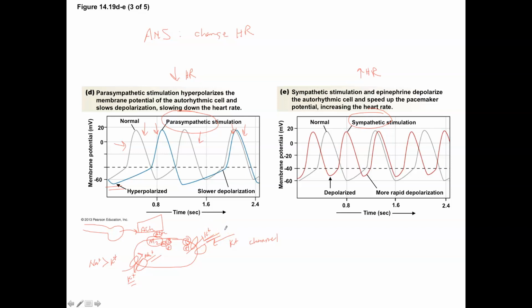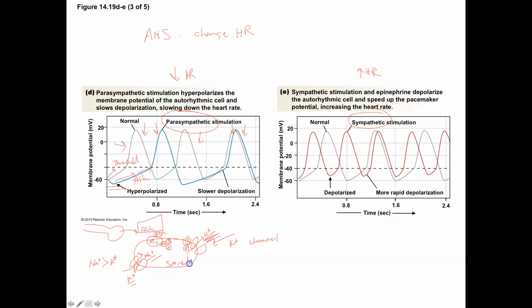You're seeing that it's taking longer for the pacemaker potential to get you to threshold. This is the normal pacemaker potential reaching threshold, and now we have the influence of acetylcholine making it take longer to get to threshold because of the greater efflux of potassium from these SA node cells.